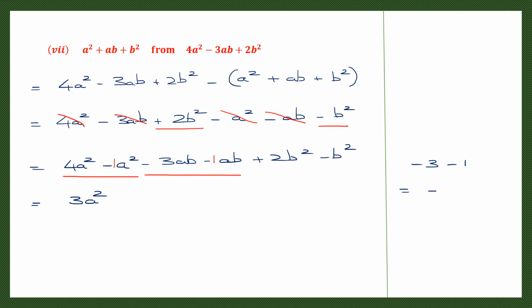Put the same sign and add: 3 plus 1 is 4. So that becomes minus 4ab. Now next one, when you take plus 2 minus 1, that means 2 minus 1 is 1b square, or you simply write b square. So we have a final answer, 3a square minus 4ab plus b square.